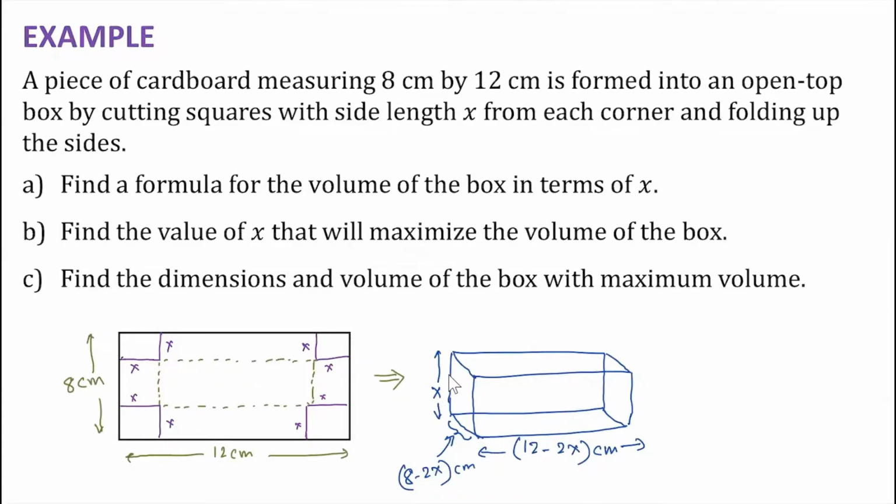So for part A, we can write V as the function of x is equal to 12 minus 2x times 8 minus 2x times x. So that is the formula for the volume of the box.